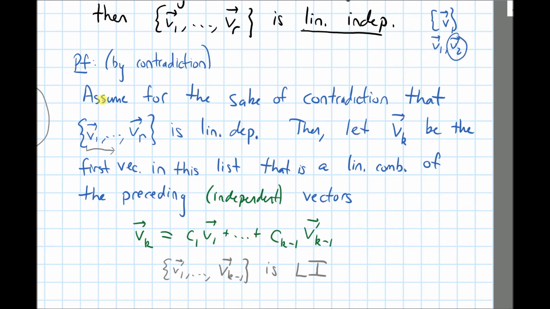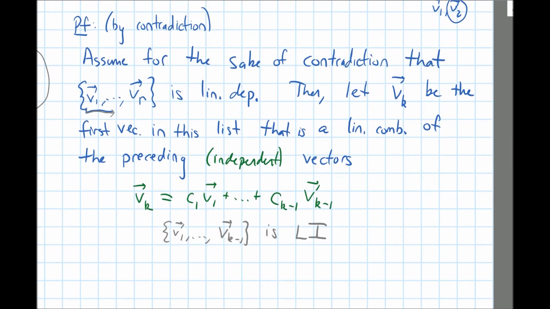And I could keep going like this until I find the first vector that is a linear combination of the ones before it. And I'm saying that vector is Vk. If that was the first vector that's a linear combination of the preceding vectors, those preceding vectors had to be linearly independent.